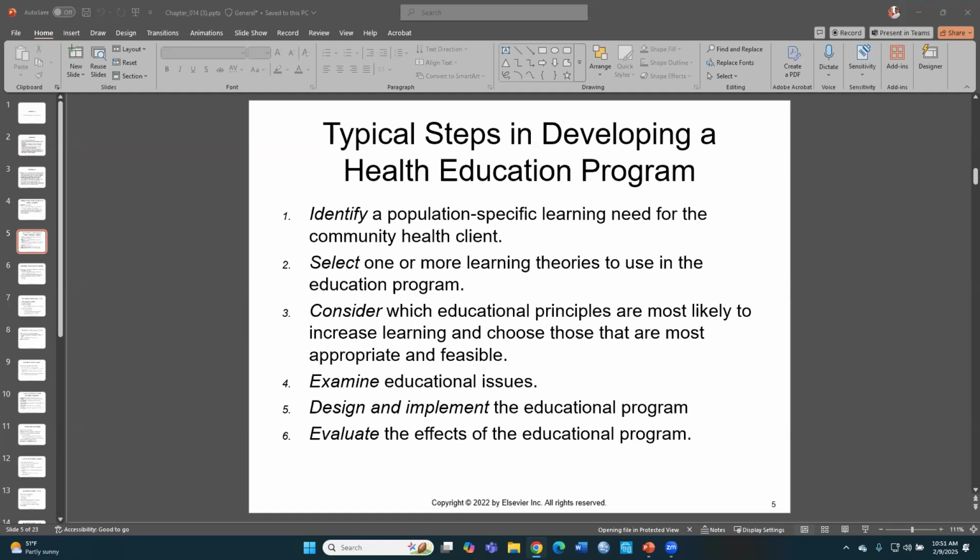And then we're going to select a learning theory. And then we're going to look at what education principles are more likely to increase learning. We're going to examine the issues. We're going to design and implement the program. And then, of course, we're going to evaluate the effects of the educational program.